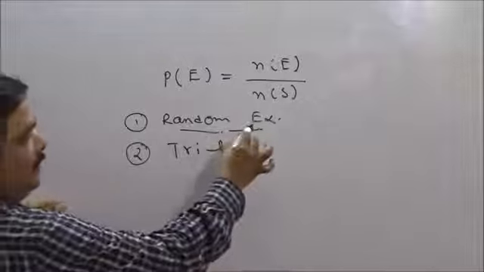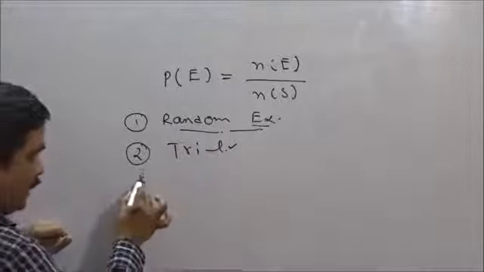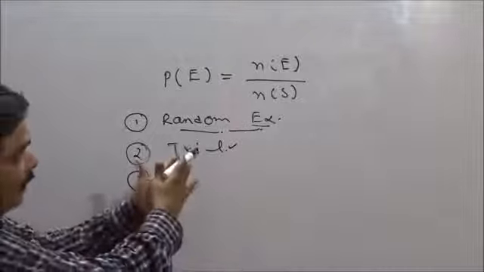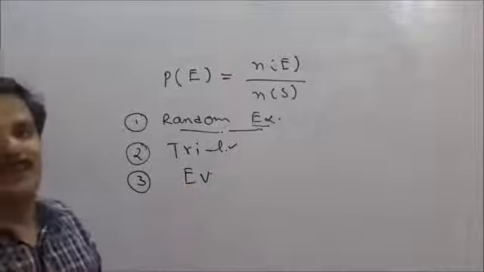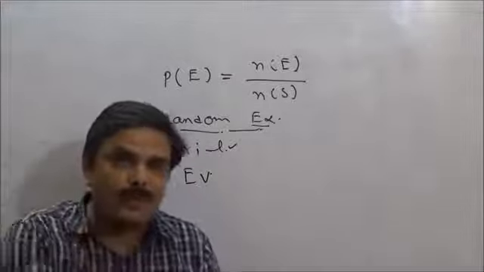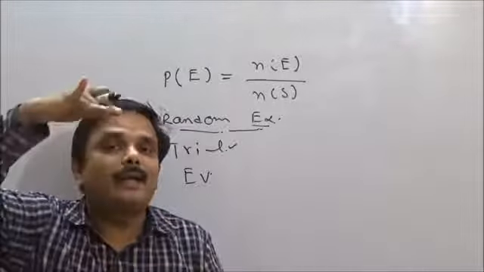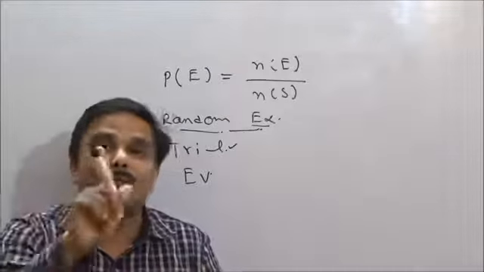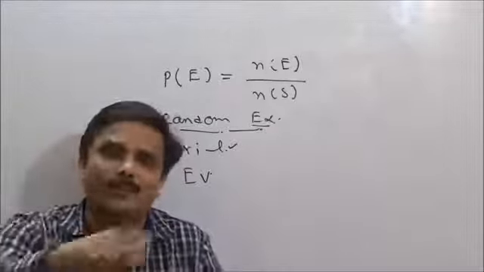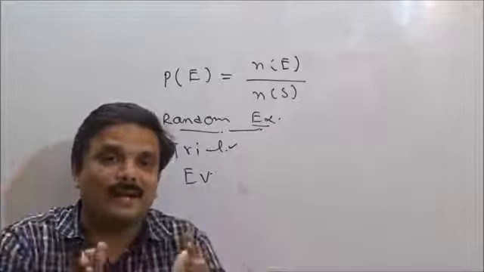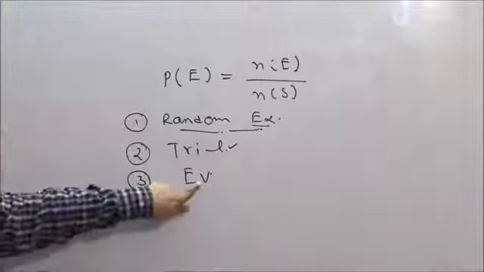Performing one random experiment is called a trial. Then, as I told you just now, the outcomes are called events. Suppose you are throwing one unbiased dice, getting 1 on the top is called one event. Getting 2 on the top, 3 on the top, 4 on the top, all these are different outcomes, right? That outcome is called an event.